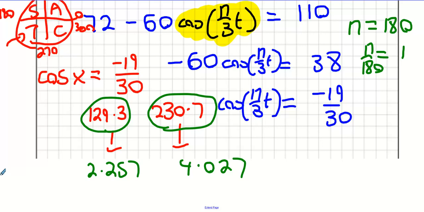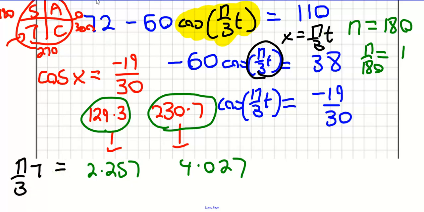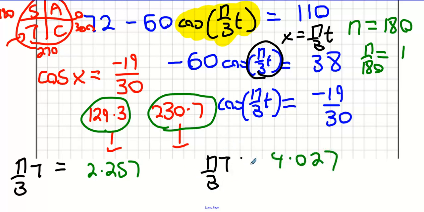Okay, ready for this? Here's my plan. What did we say x is equal to? X is equal to pi over 3t. So pi over 3t equals that, and pi over 3t equals this one.